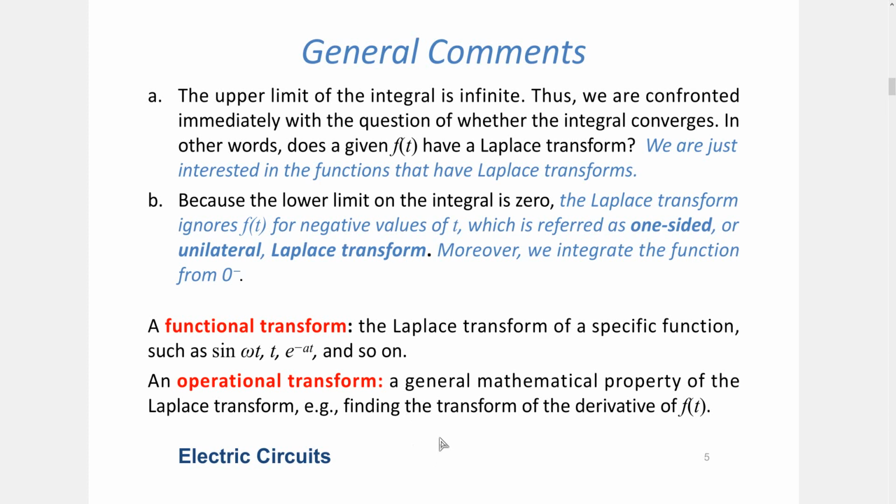So it's about finding the transform of the derivative of f(t). Okay. So we are basically introducing the basis for the Laplace transform and making some definitions to make it more clear.